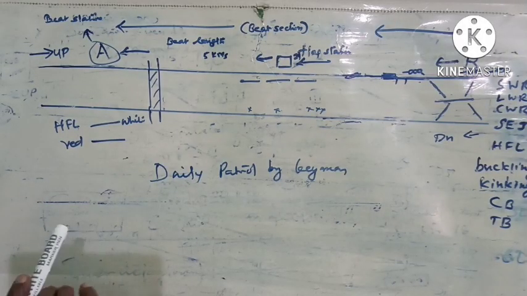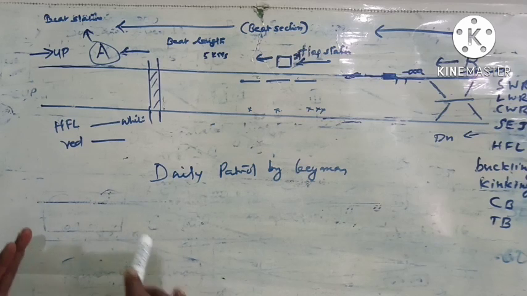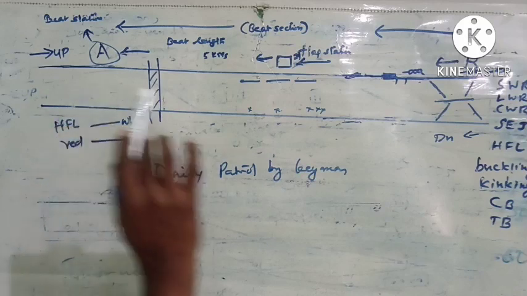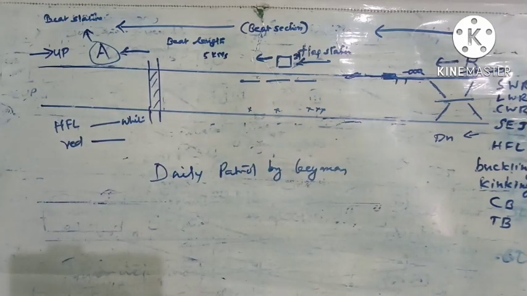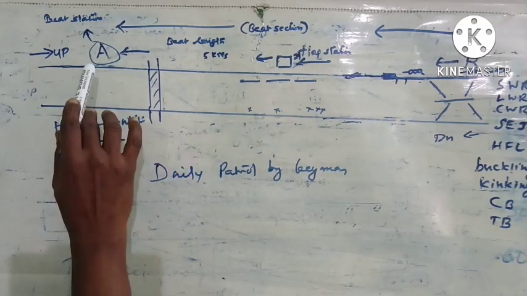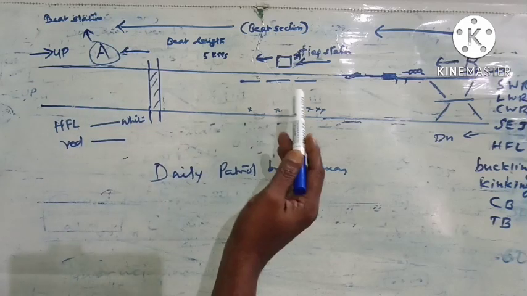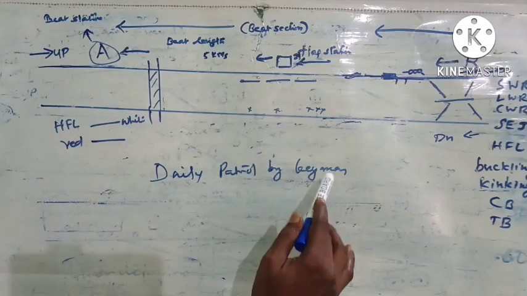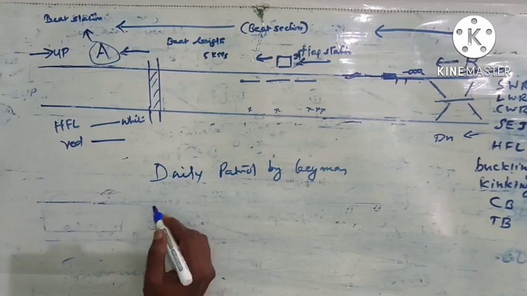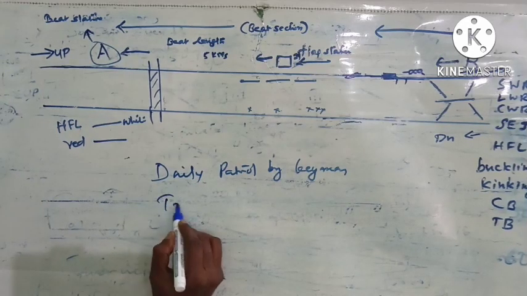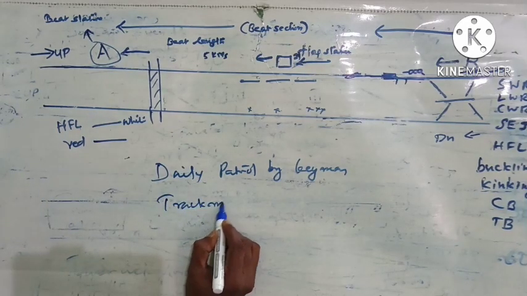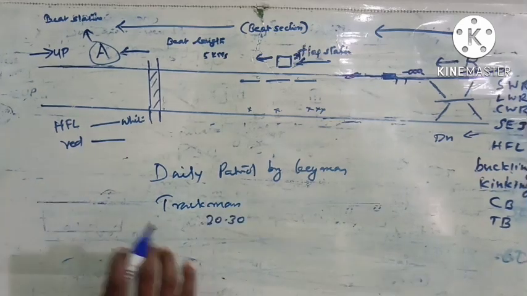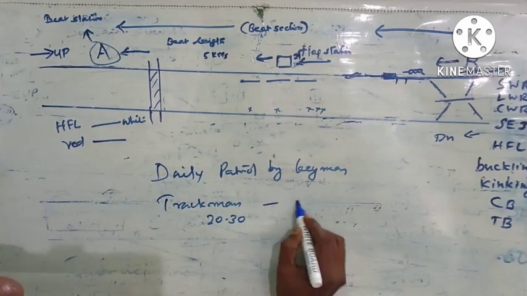A group of engineering staff, around 20 to 30 staff, will be headquartered at different locations in the open line. That is, it may be at block stations or at flag stations or CNC stations. These engineering staff are called trackmen, and that group is called gang.